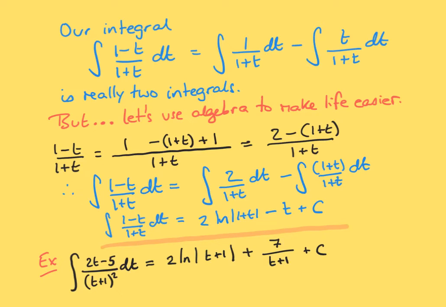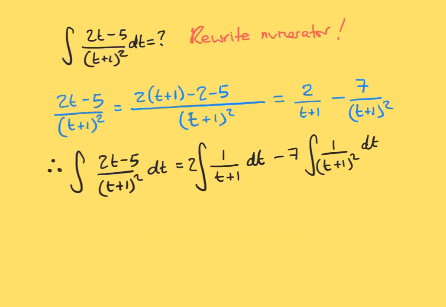Okay, welcome back. Let's go to the next slide. So here is the integral from the previous slide at the end. And again, our strategy is to rewrite the numerator. And what we're looking to do is to replace t here by t plus 1 so it can cancel one of those powers.